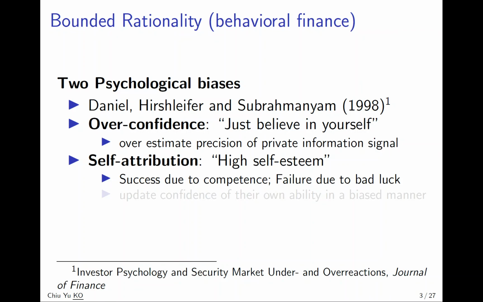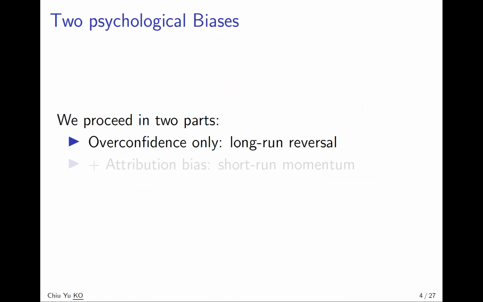So it means that if they invest and they see some signal which may not be relevant, they will try to interpret that as supporting their initial decision, so they continue to buy. So that is what we mean by self-attribution.